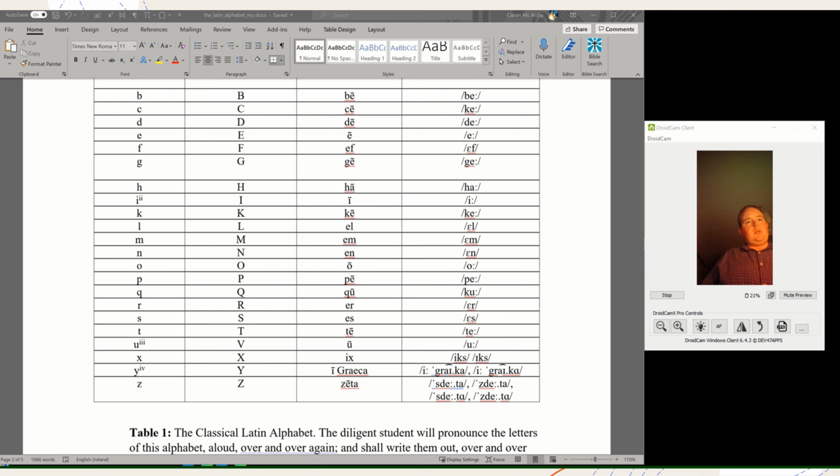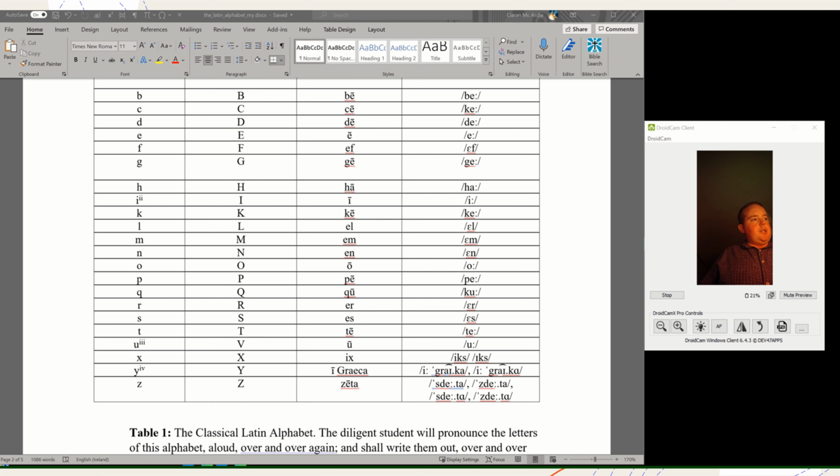Although if you do the Cambridge Latin Course, they are quite strict on this. They don't use a V letter for consonantal U.